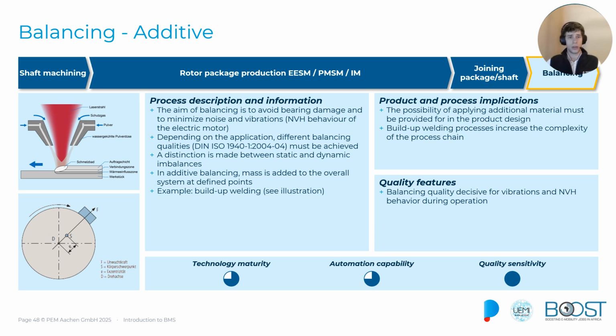Once located, small amounts of balancing compound or weights are added to lighter areas to offset these imbalances. This adjustment ensures even weight distribution, reducing the vibration and enhancing smooth operation during the rotation.